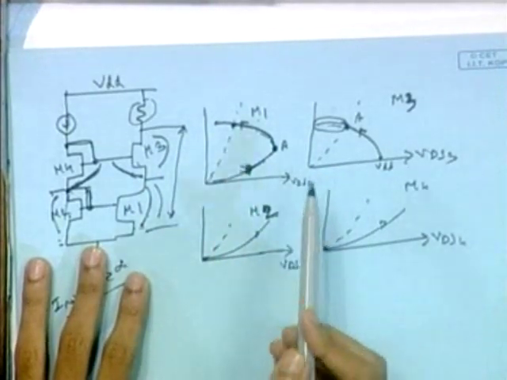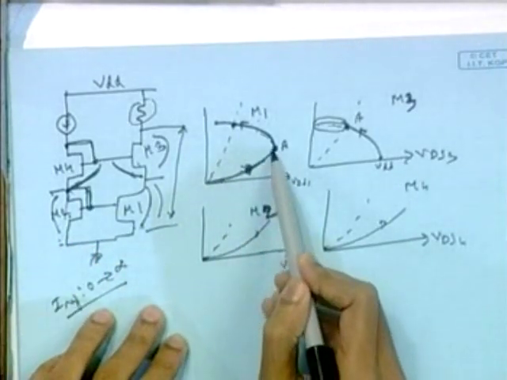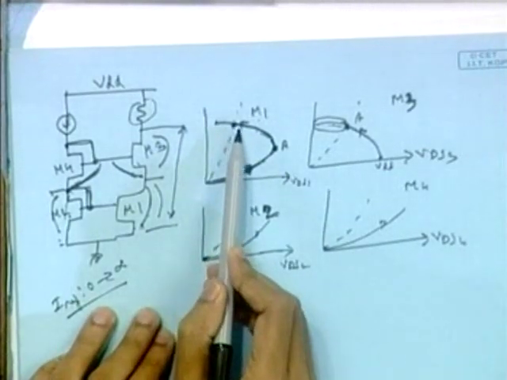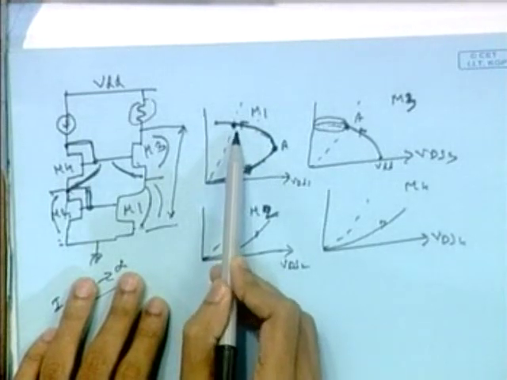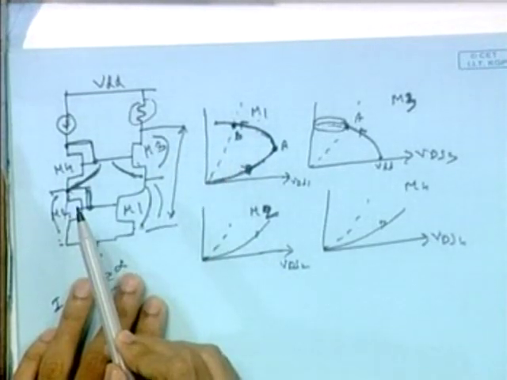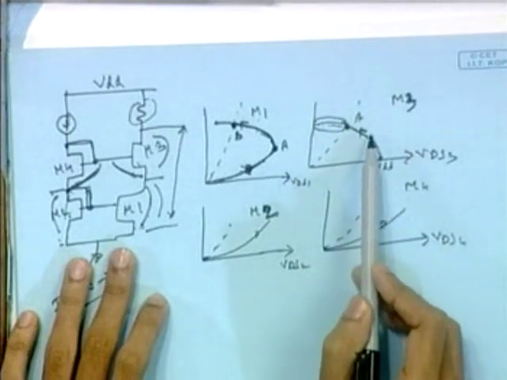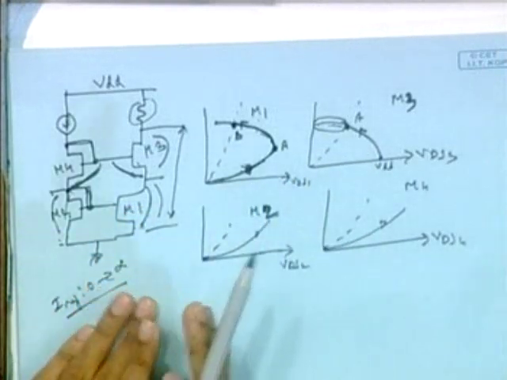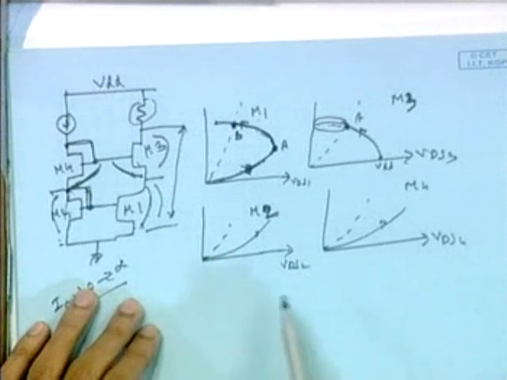Okay. So the current mirror action will be valid from this zone, because it will remain in saturation. M1 remains in saturation up to this point. We call this B. But then what is the job of M3? M3 basically extends the usable range of this current mirror.